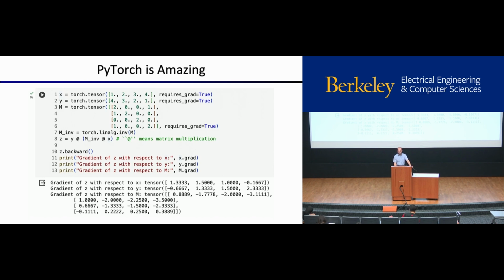Yes? z.backward() says, okay, so here I'm warning it I'm going to want gradients where this is in the denominator, and this is saying, okay, here's what's in the numerator.